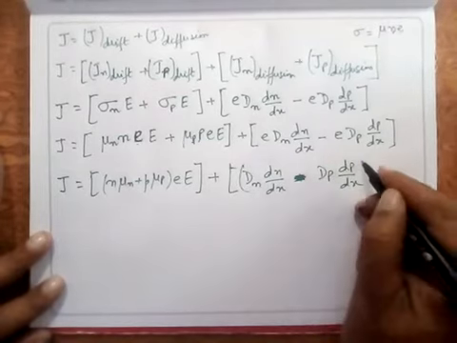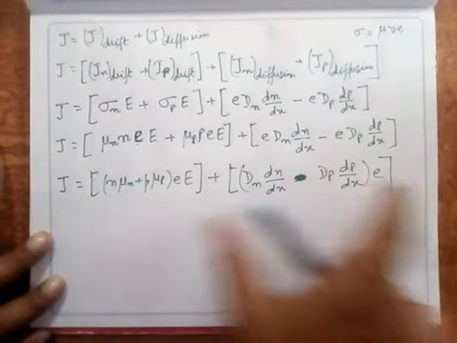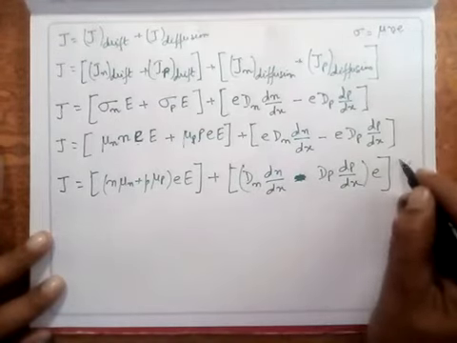All I have done is taken E common from here, and overall I can take this E common from this. So this is the total current density.